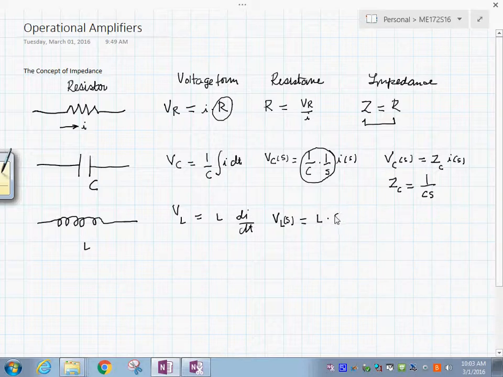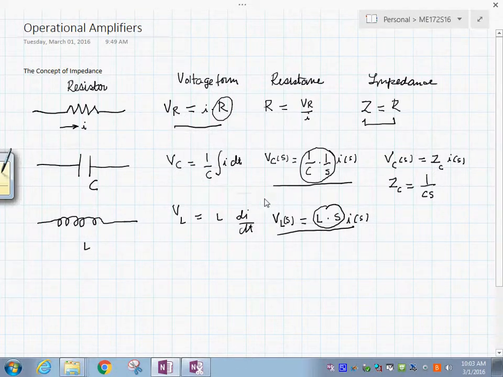This form is like this form, and it is like this form, where you can say that the voltage across the inductor in this case is the impedance of the inductor times the current.